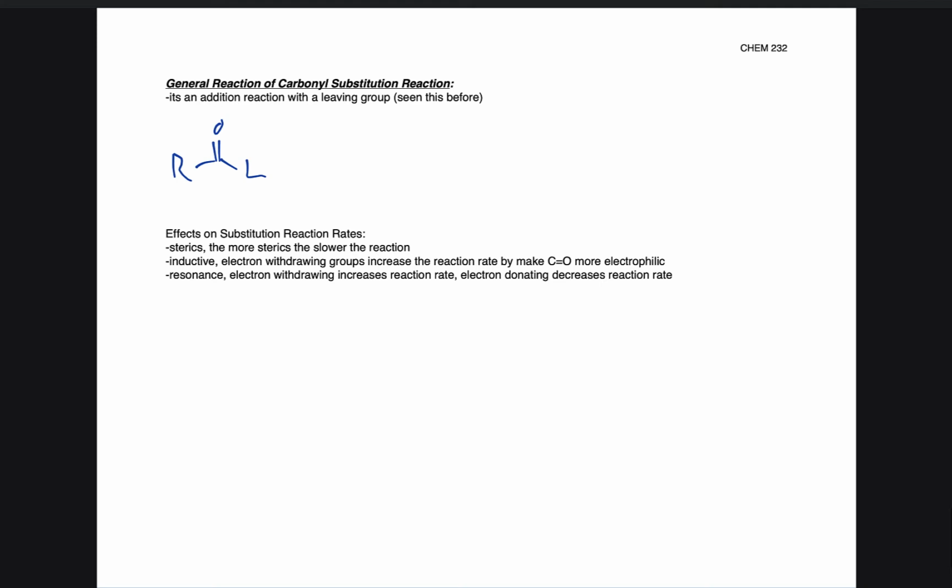So here we have our standard carbonyl. We react it with some sort of nucleophile, break open our carbonyl to get to our tetrahedral intermediate.